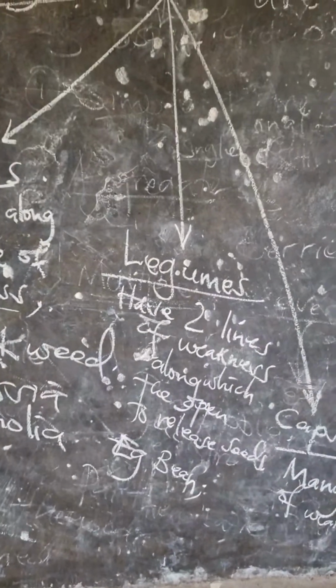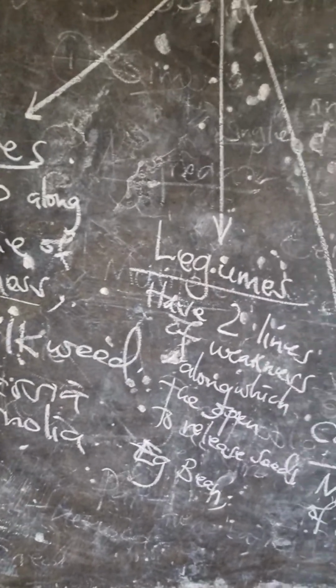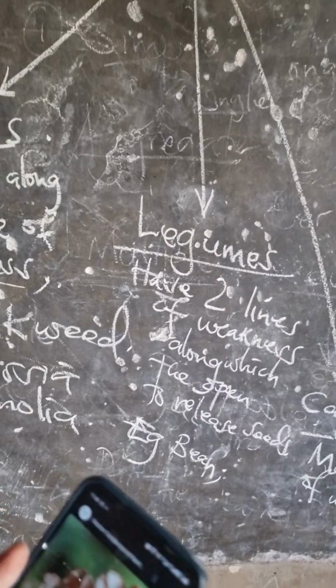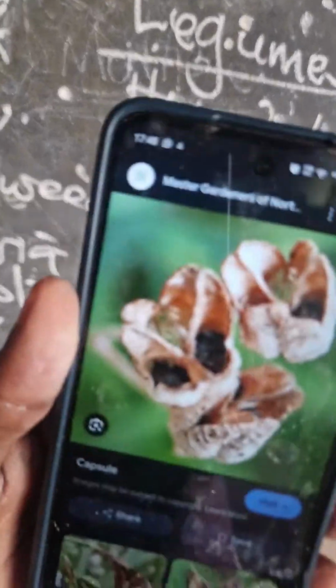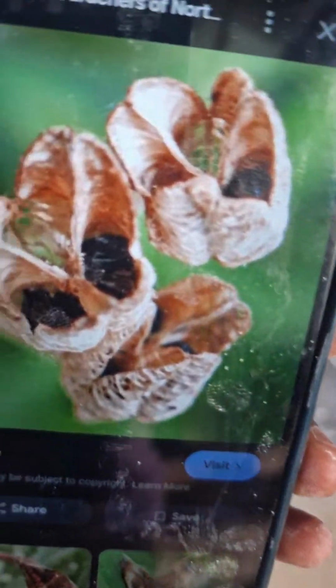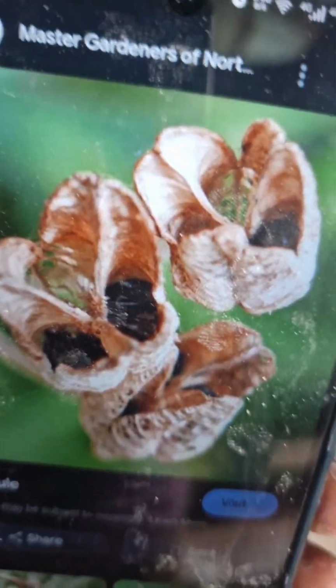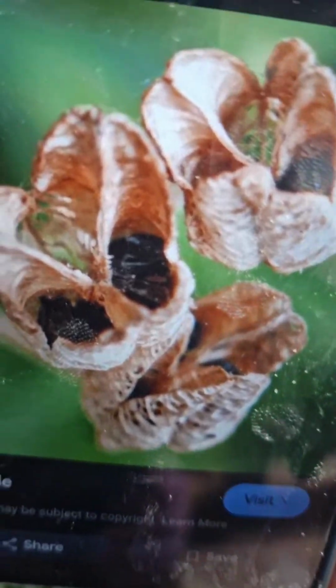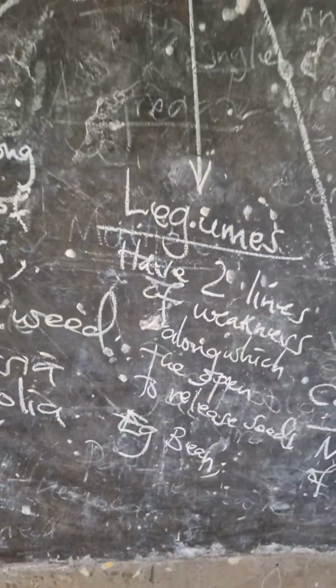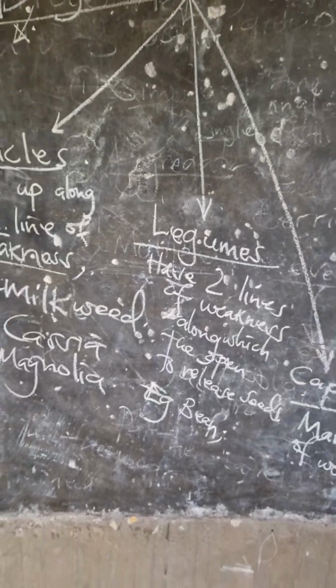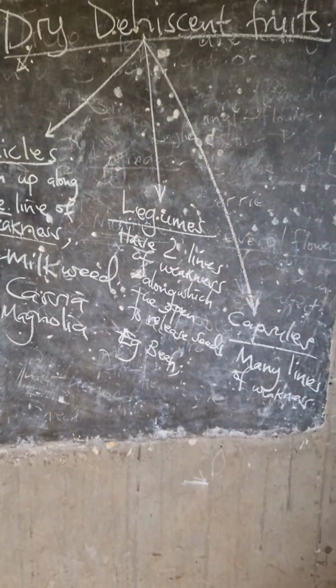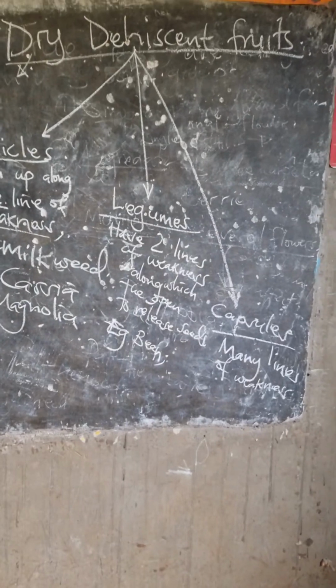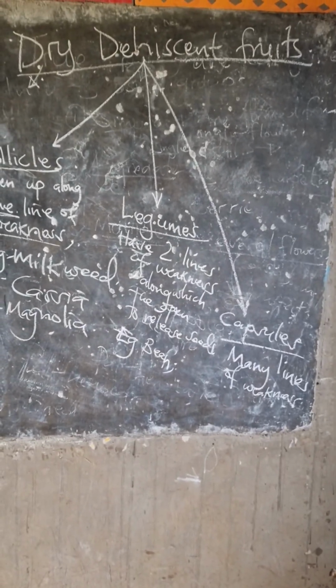There is this one. There is that one. The fruit is opening up to release the seeds or to expose the seeds. These are examples of capsules. So those are the capsules we have. They have many lines of weakness along which the fruits open to release the seeds.